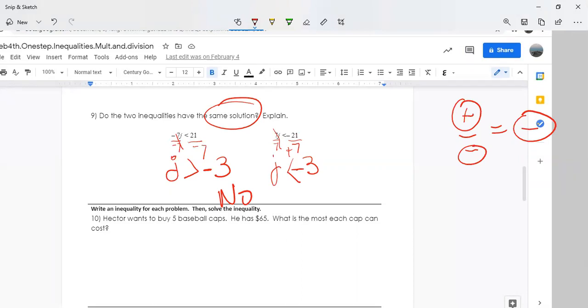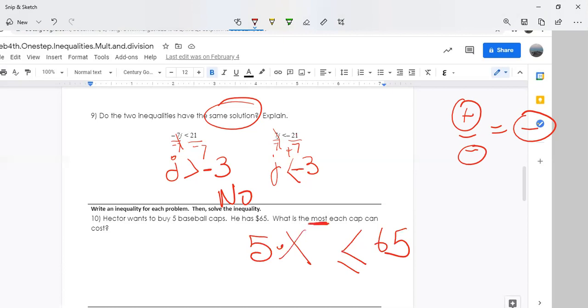All right, number 10, Hector wants to buy 5 baseball caps. He has $65. What is the most each cap can cost? So we have, he wants to buy 5 baseball caps. And we don't know how much each one is going to cost, but it has to be less than or equal to $65. He's buying 5 baseball caps, and the price has to be less than or equal to $65. What's the most each cap can cost?